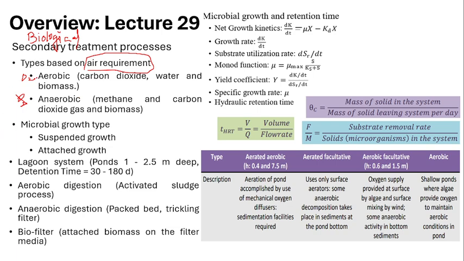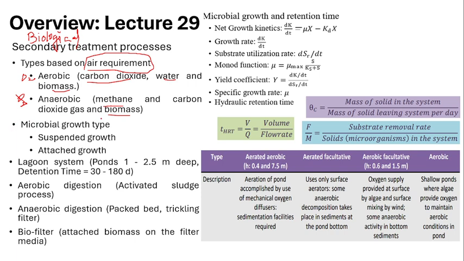Whenever the aerobic treatment is happening, the product will be carbon dioxide, water, and the leftover biomass. And whenever anaerobic treatment is happening, since O2 is not there, it cannot form CO2. So it is going to form methane, which is CH4, right? And some amount of carbon dioxide will also be developed, but in lesser amount. And then the leftover biomass will be there.